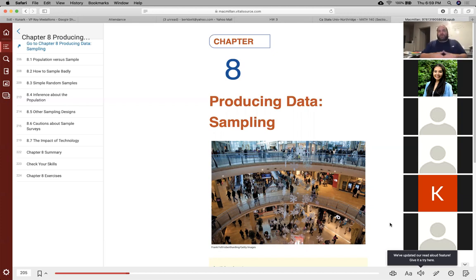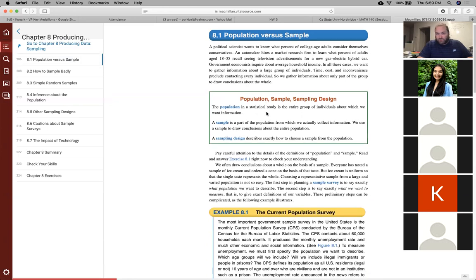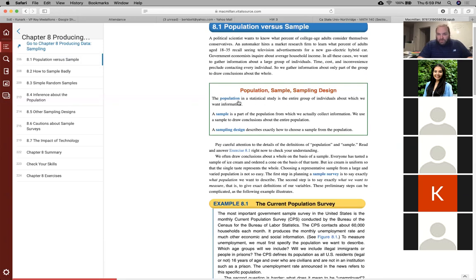So this chapter is about how you go about sampling. It's very qualitative. There's very little math in this chapter. We start off with the difference between the population and the sample. The population in a statistical study is the entire group of individuals about which we want information.